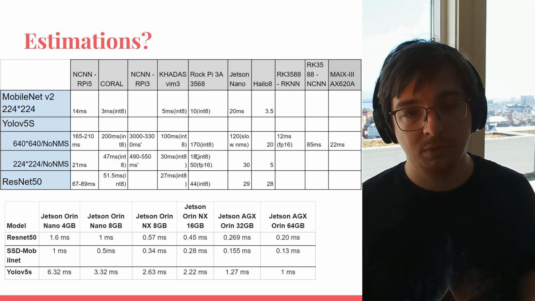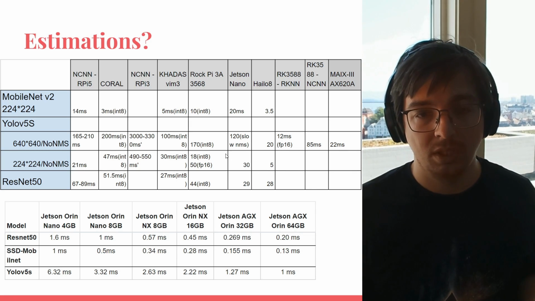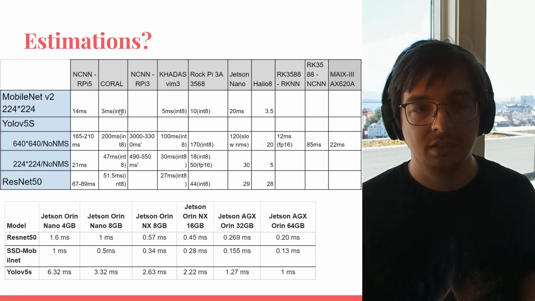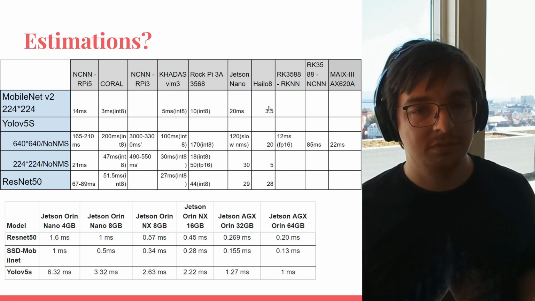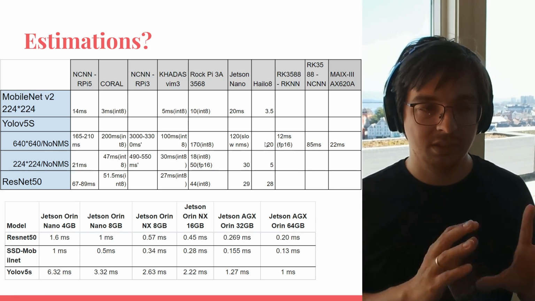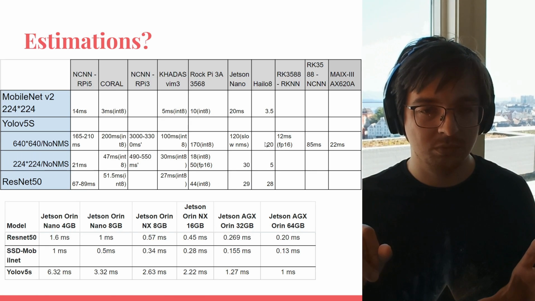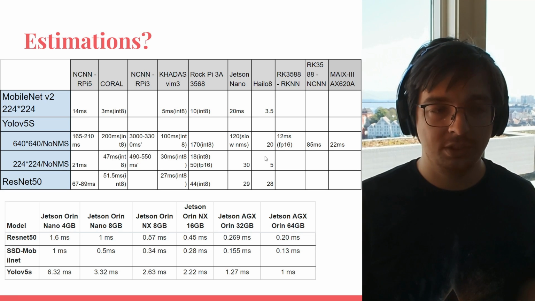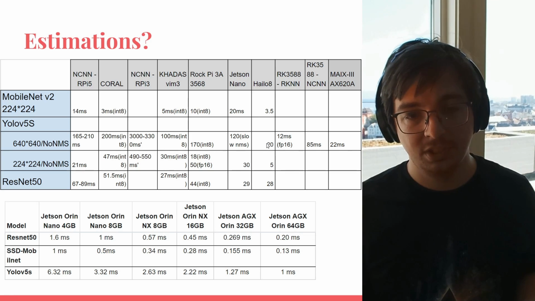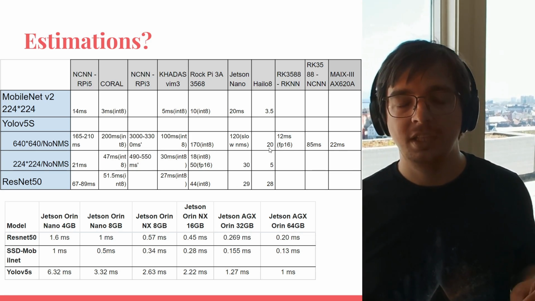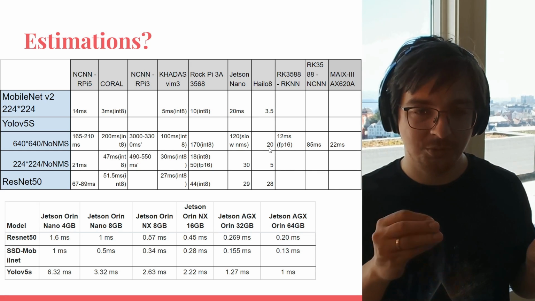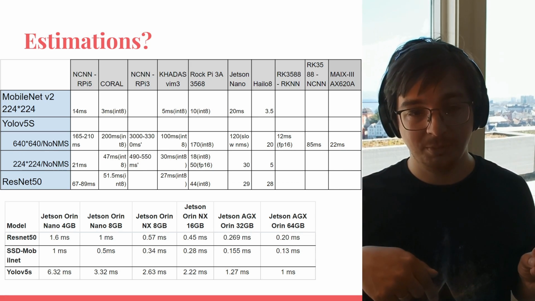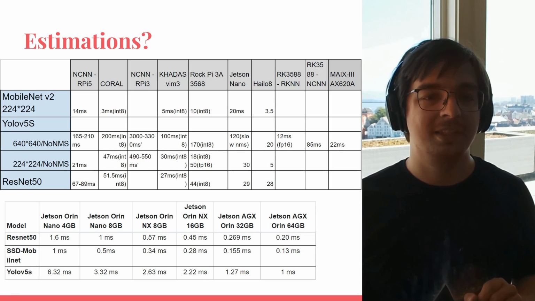But when we look at Hailo, MobileNet will have the same speed if you run it with batch size 1, but for YOLO v5, it's 20 milliseconds. It's the first tricky question that we will speak about a little bit later.